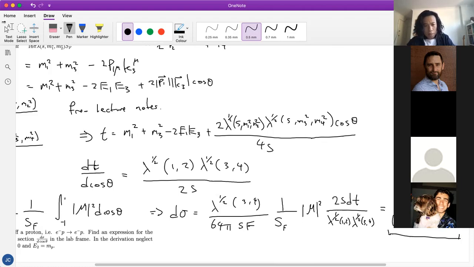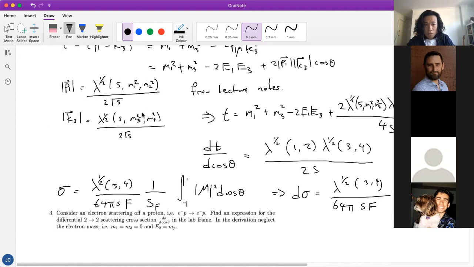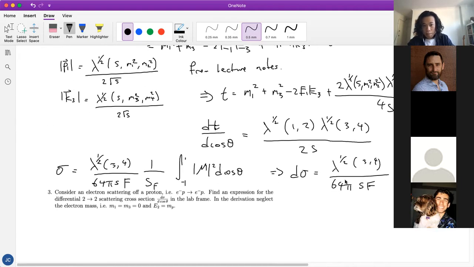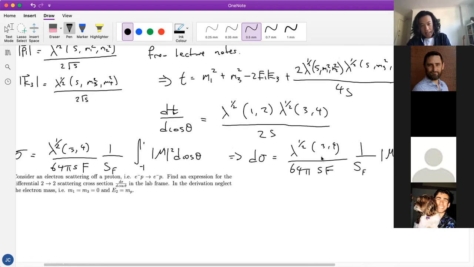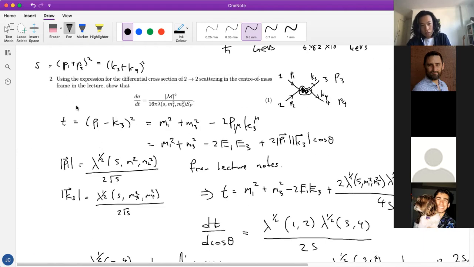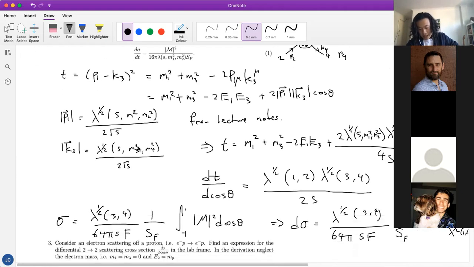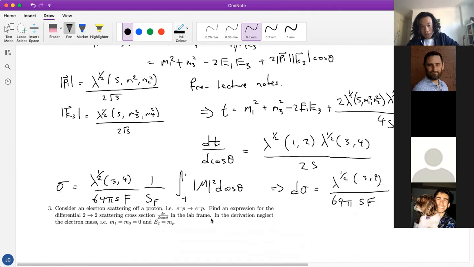Okay, if not, then I'm going to skip 3 for now because it basically builds off this, and the procedure is very similar. You start off with this expression, and then you also need to derive a couple of identities from the Mandelstam variable t, and then go into the frame where you're in the rest frame of one of the protons, and then substitute in all these, simplifying the whole thing by setting these to 0.